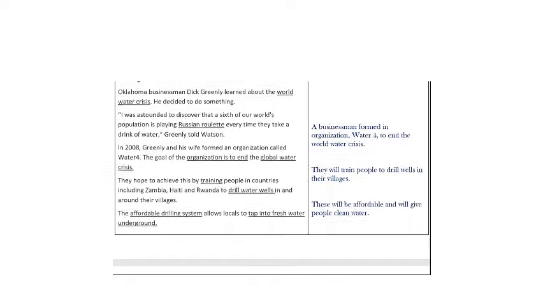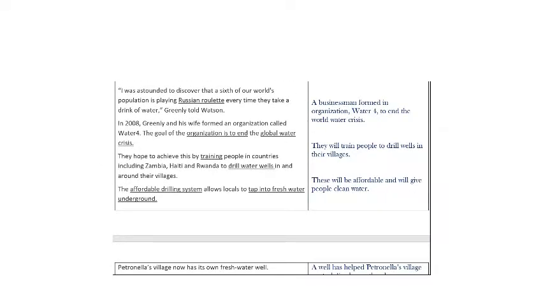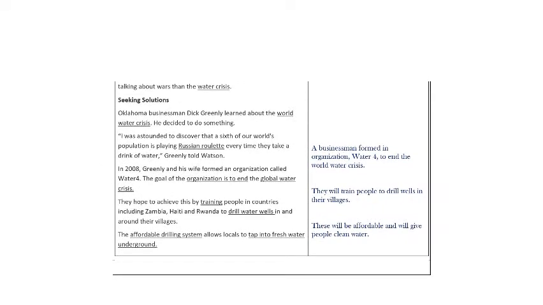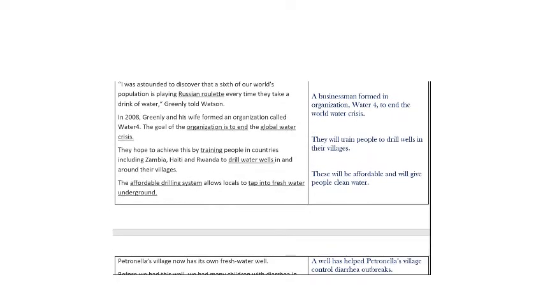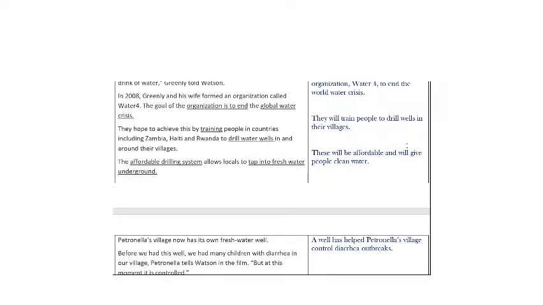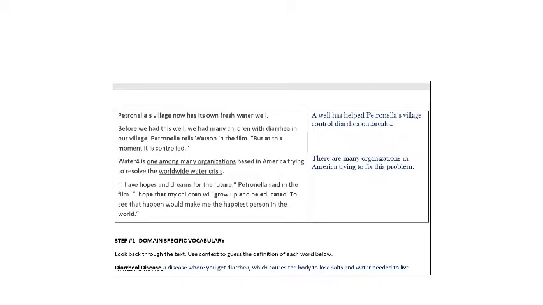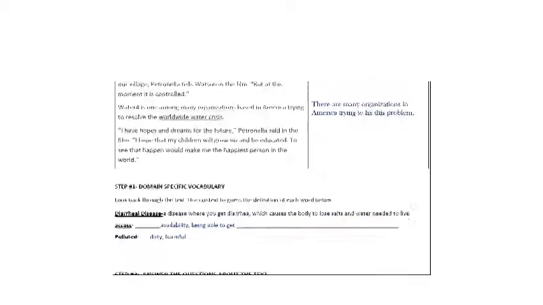And then we're going into a solution right here, seeking solutions. It's all about training people to make wells and make them affordable, and that it seems like it works to control diarrhea outbreaks, and many people are doing this.